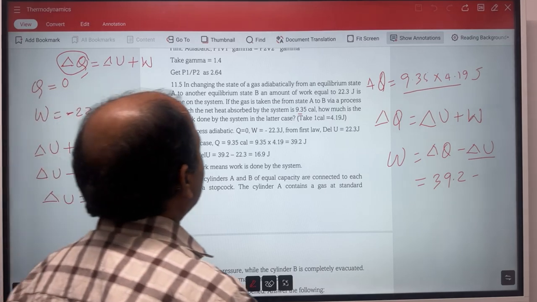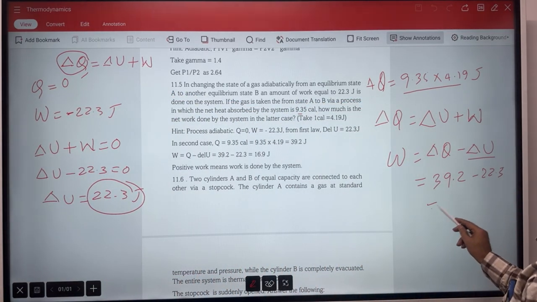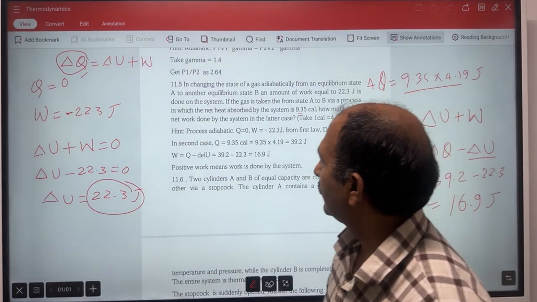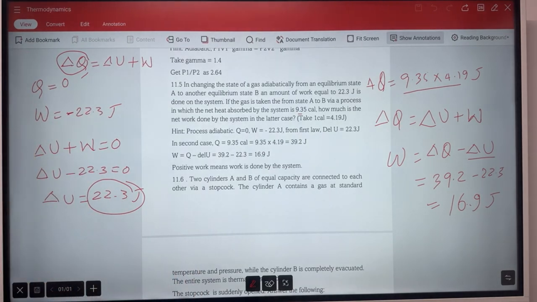If we subtract the two we will get 16.9 joule. I think you have understood, and since work done is positive, it means work is done by the system, because when work is done on the system, then it is taken to be negative.